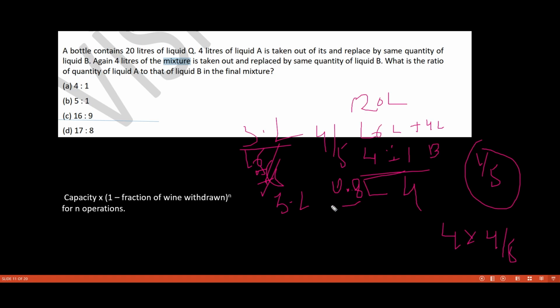So now 16 minus 3.2, how much are you going to get? 12.8.